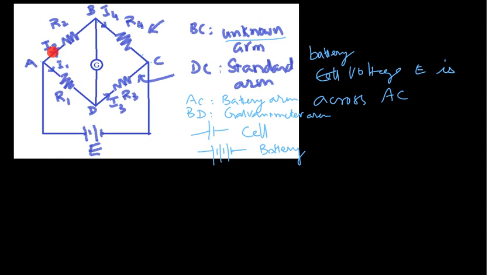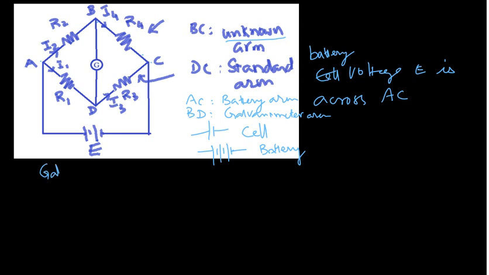This I2 again gets divided because it's a junction. Some current comes this side and some current goes this side. From here also some current can come this side. So in a normal situation, this galvanometer will show a deflection.